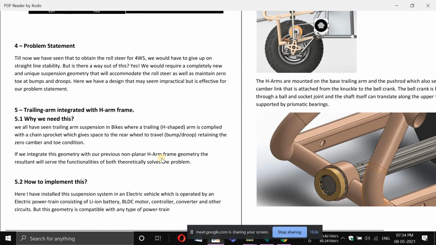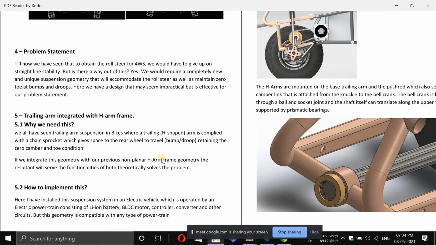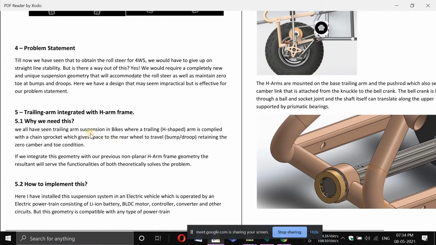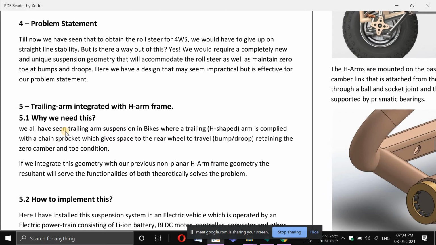So trailing arm suspension was integrated with H-arm suspension, and this was the main turning event in the research.